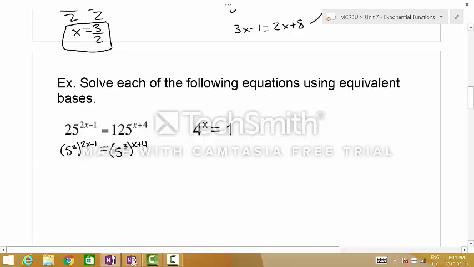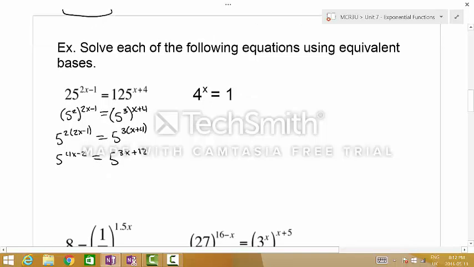Once we're here, we have on both sides a power to a power. So we're going to multiply the exponents on both sides. Once we've done that, we're going to do distributive property on those exponents.